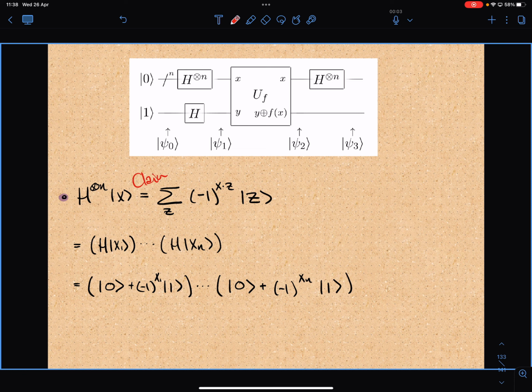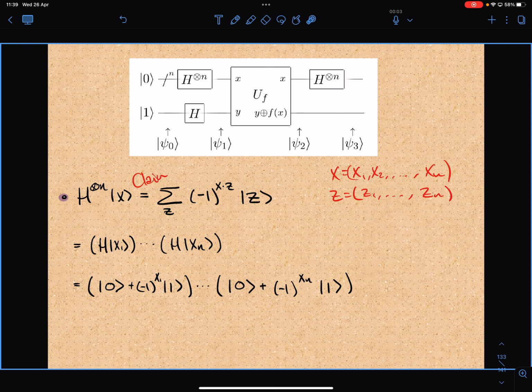I wrote the answer and then I wrote the proof. My claim is that the action on a specific state x, where x is equal to x1, x2, through xn, and z is going to be z1 through zn.